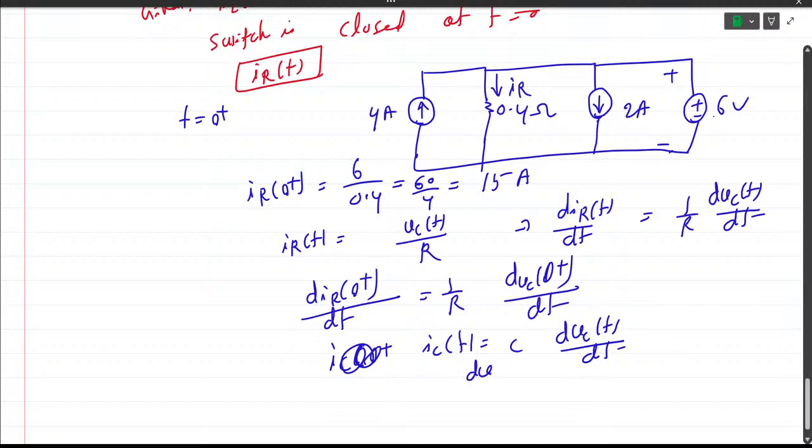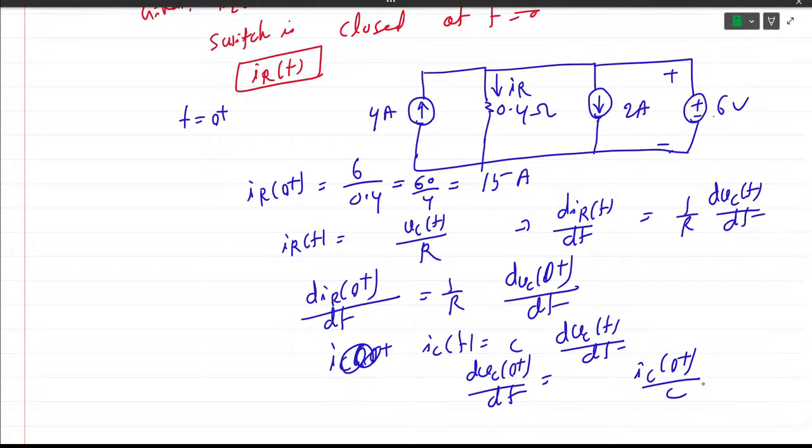So dVC(0 plus) upon dt is equal to IC(0 plus) upon C. What is the IC(0 plus)? This is the IC. So this is the 4 amp coming, and IR we just found out is 15 amperes. Yes or no? IR is equal to 15 ampere.